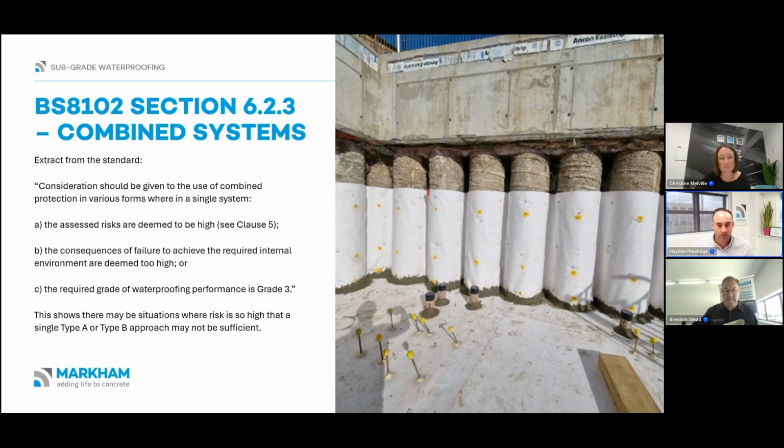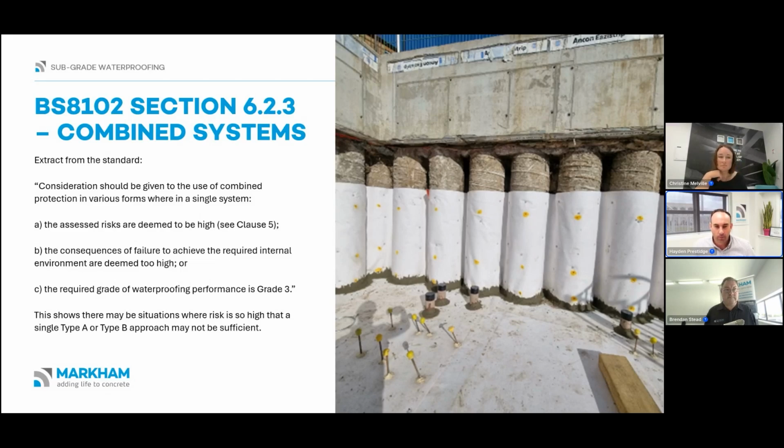So one like a physical barrier, one integral, or a physical barrier and a drained inside, those sort of things. But you really need to start considering the risks associated, and then whether that one system is enough. They've all got their limitations in their own right.